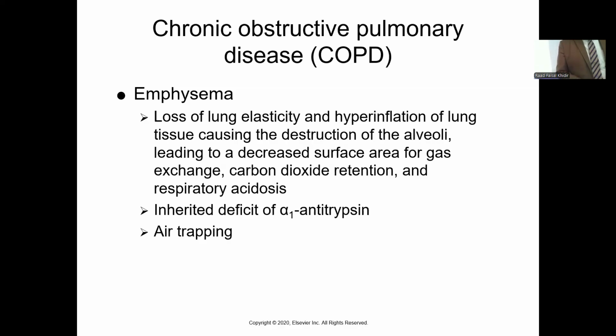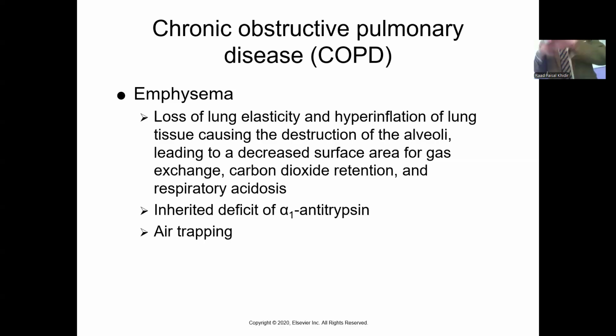Tissue causing the destruction of the alveoli, leading to a decreased surface area for gas exchange, carbon dioxide retention, and respiratory acidosis. Inherited deficit of alpha-1 antitrypsin. There is an enzyme called trypsin. Trypsin is bad.